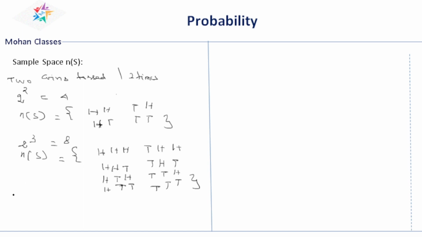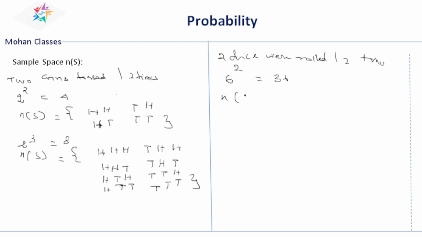What about the dice? Suppose 2 dice were rolled, or a die rolled 2 times. A die has 6 faces, right? 1 to 6. So 6 squared is equal to 36 events.